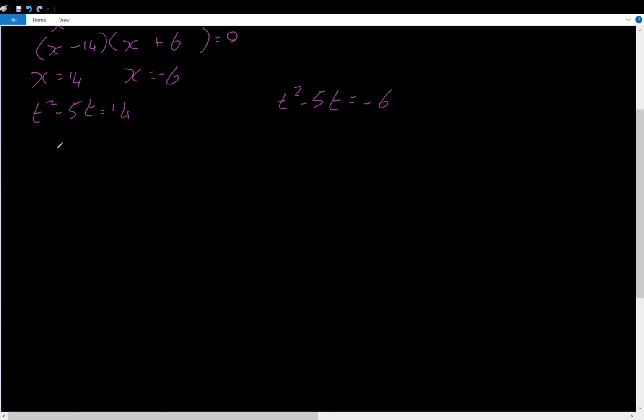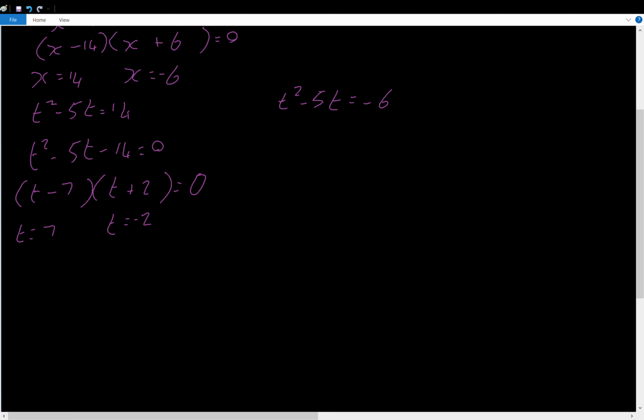So we're going to bring our 14 over, so we get t squared minus 5t minus 14 is equal to 0. Now we're going to factorize that out. So it's going to be t, first term of both our brackets. And then we're looking for factors of minus 14 that sum to minus 5, so we're going to say minus 7 and plus 2, which means we get t equals 7 and t equals minus 2.